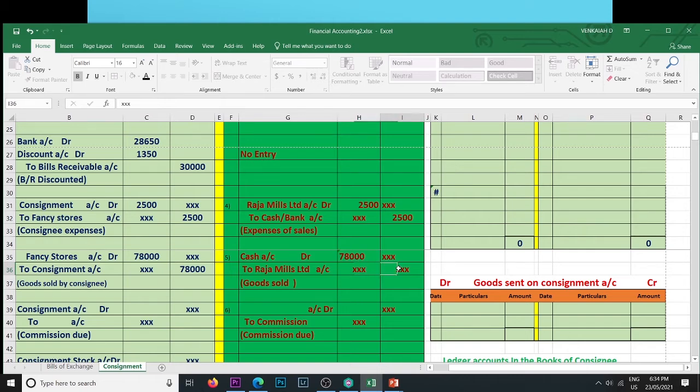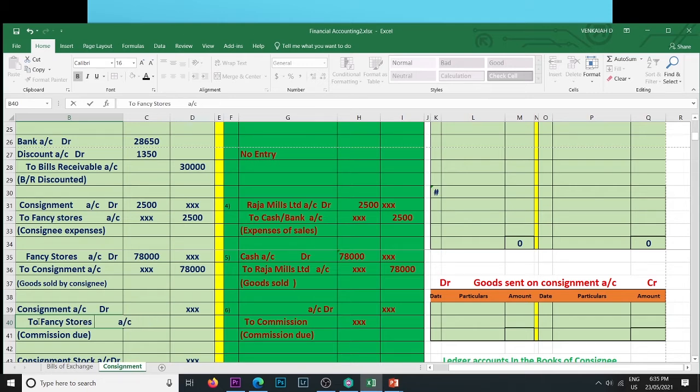Amount is 78,000. These are the sales goods sold by consignee. Next is commission. Commission is 5% on sales. Consignment account debit to consignee account. Consignee name is Fancy Stores Limited.